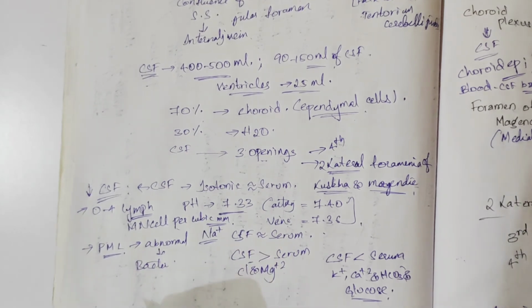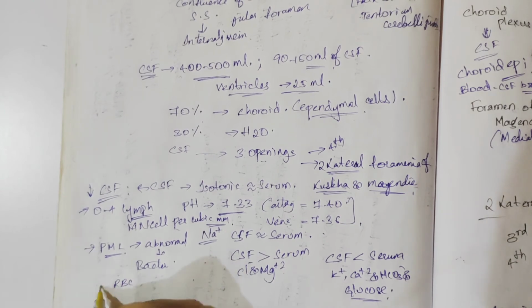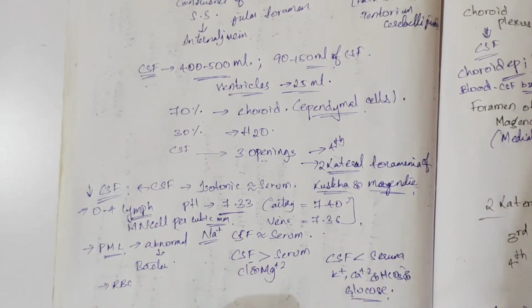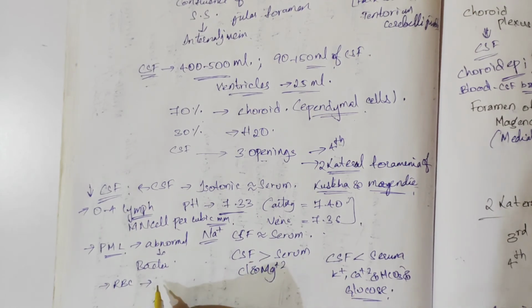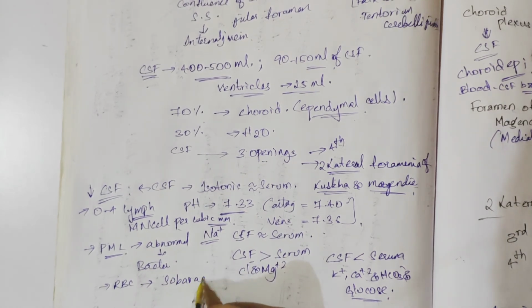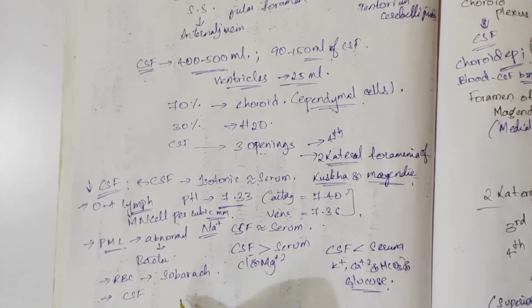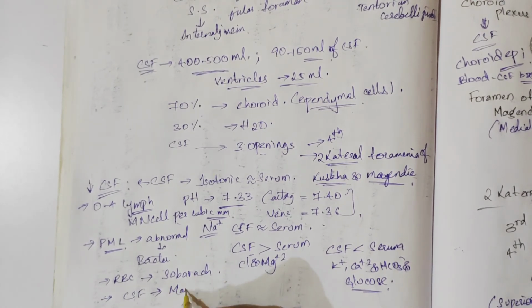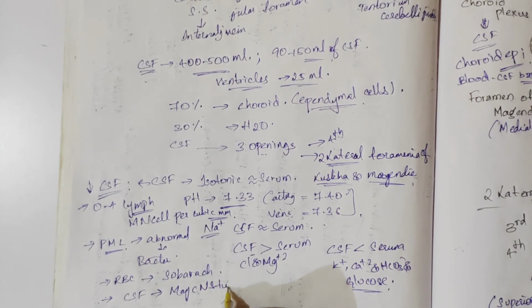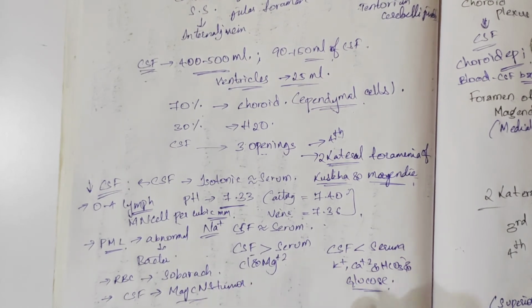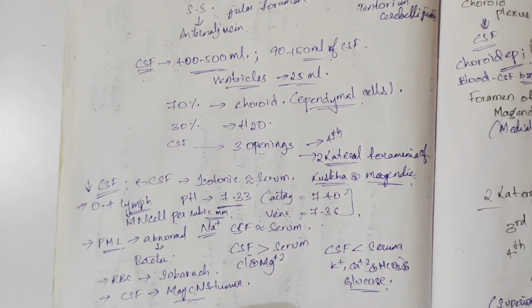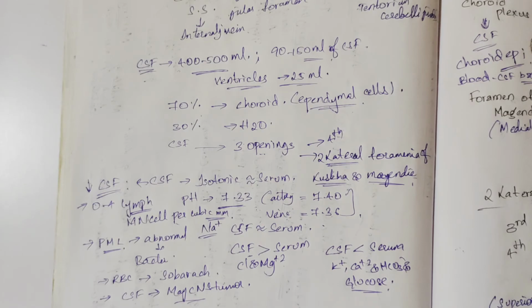Red blood cells are not found in the CSF, but may be present after a traumatic spinal tap or subarachnoid hemorrhage. Increased protein levels in the CSF may be caused by a CNS tumor, and tumor cells may be present in case of meningeal involvement.